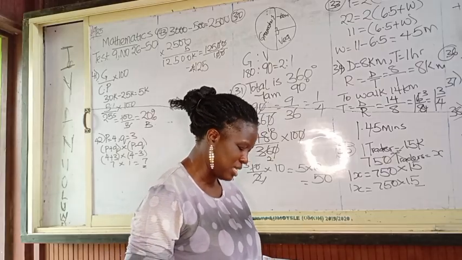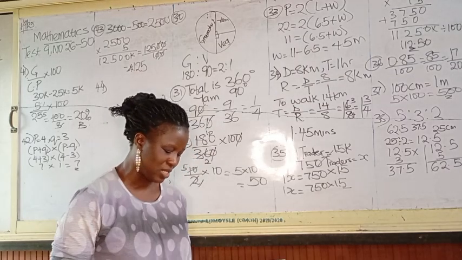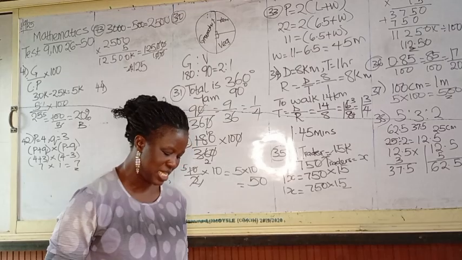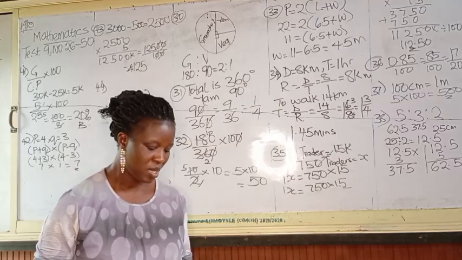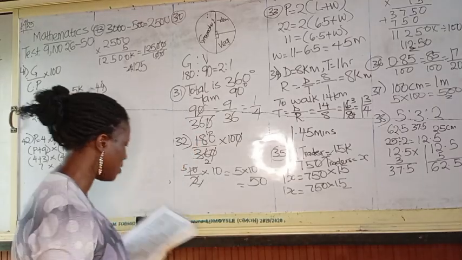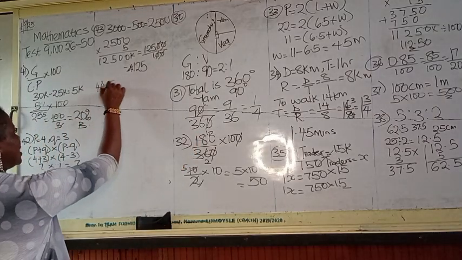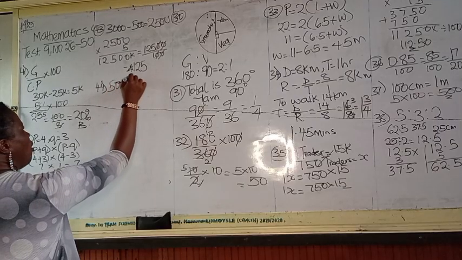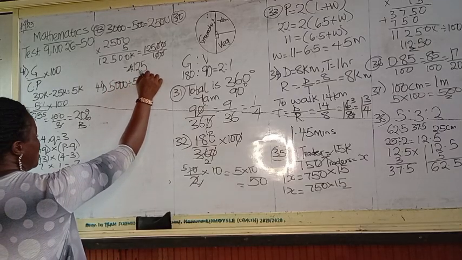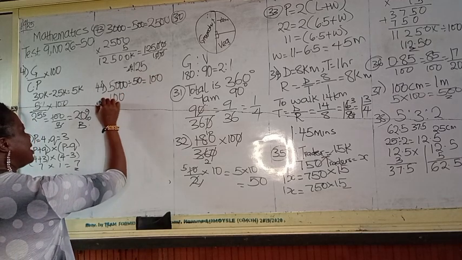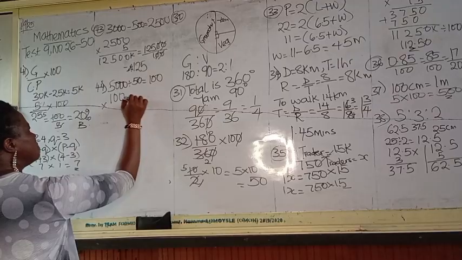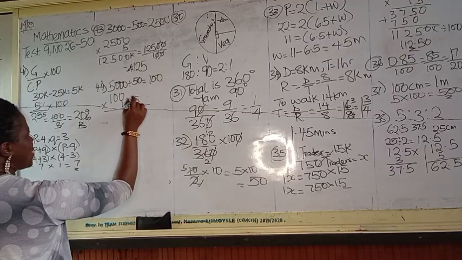Question number 44 says, the cost of insuring a car is 1 naira 25 kobo for every 50 naira value of the car. What is the cost of insuring a car whose value is 5,000 naira? So let's take the 5,000 naira and find the number of 50 naira we have there, which is 100. So we are going to pick this 100 multiplied by 1 naira 25 kobo.